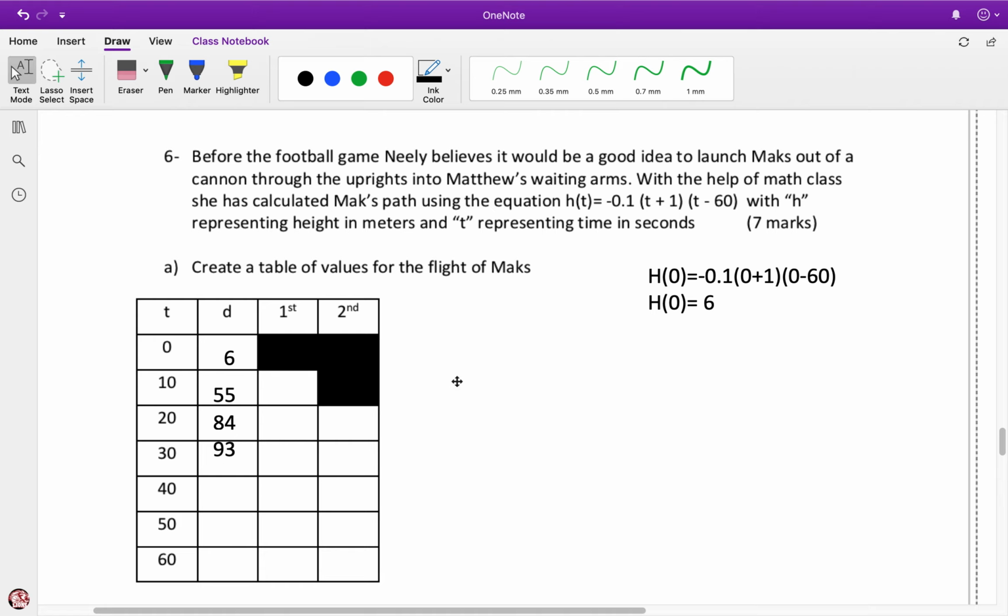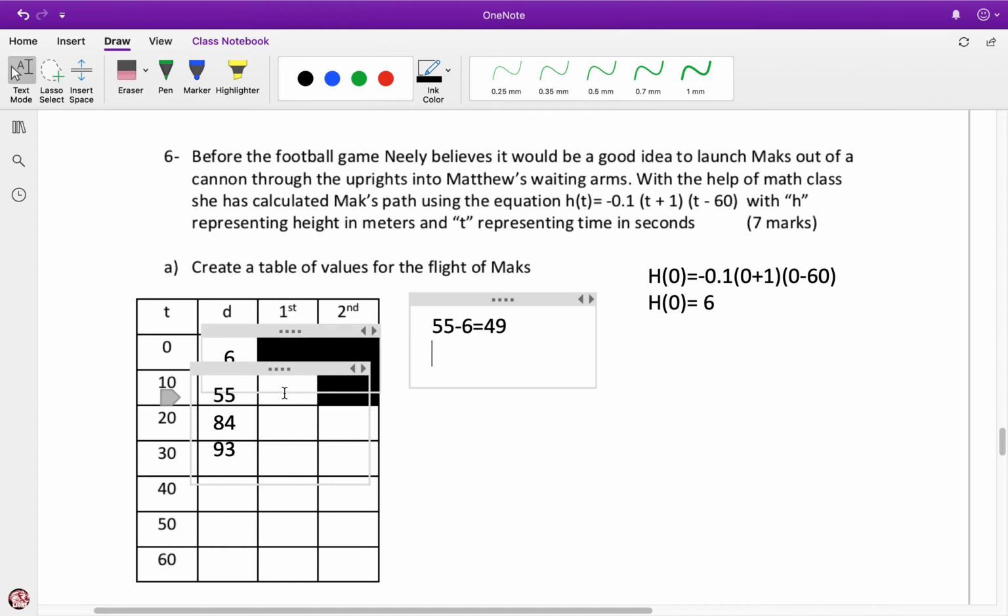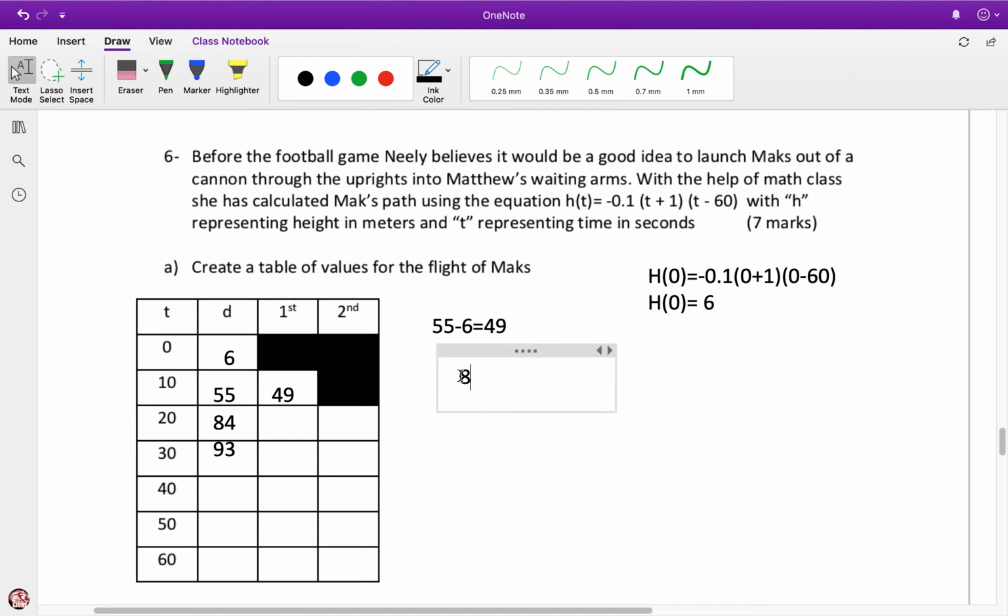Now this here is the first difference, one minus the other, so it's going to be 55 minus 6 equals 49. And then if I do this one here, 84 minus 55 is 29.